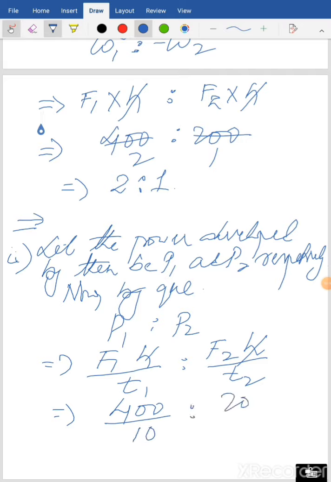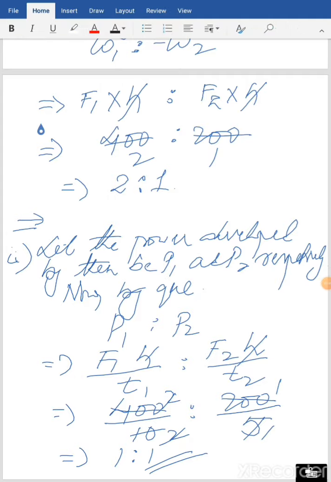Similarly, the weight of the girl is 200 Newton and the time taken for her to do the work is how much? 5 seconds. So 200 ones are 200, 200 twos are 400; 5 ones are 5, 5 twos are 10; 2 and 2 get cancelled. So I'll get the ratio is 1:1. So again, don't forget to write the statement. All right, so this is how we'll do question number 14.